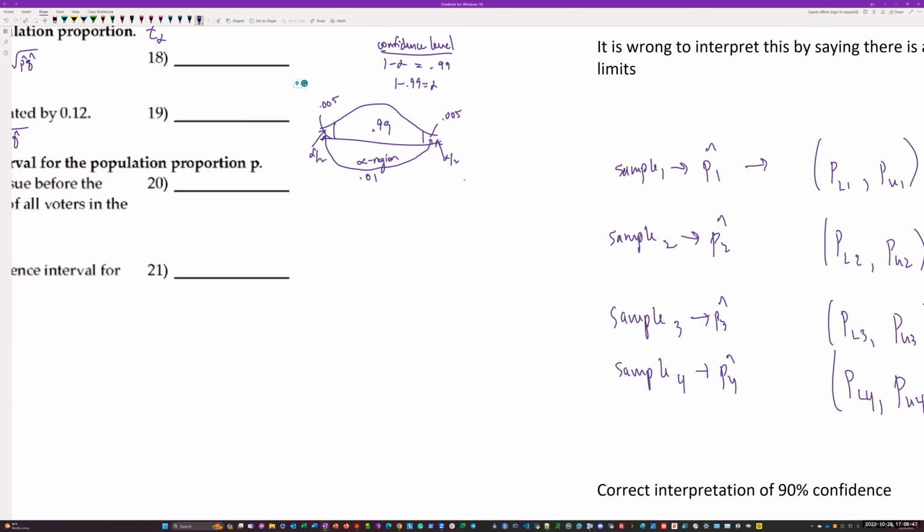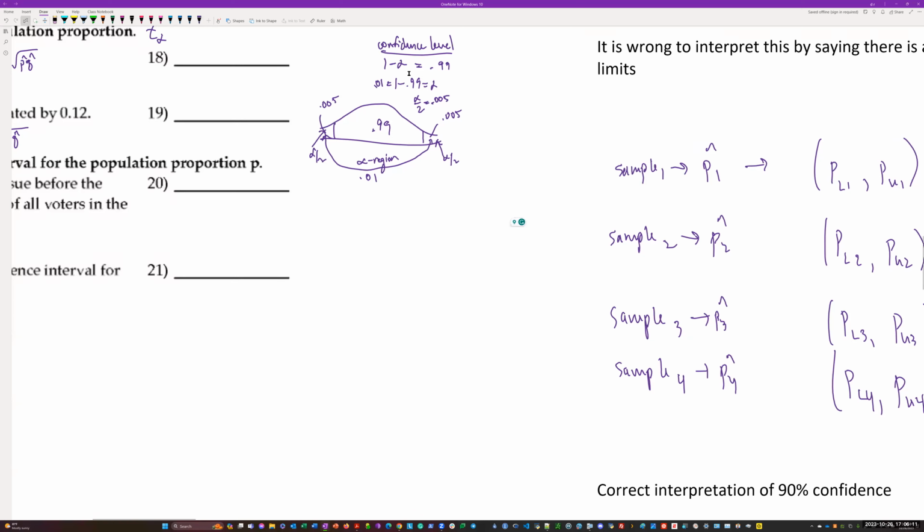Is that correct? Does that make sense, Chloe? Does that make sense, guys? This is 1%. So then alpha over 2 is half of that. That much. Is that right?